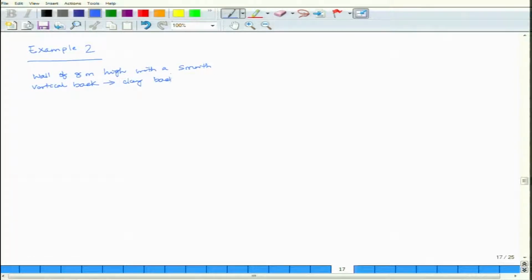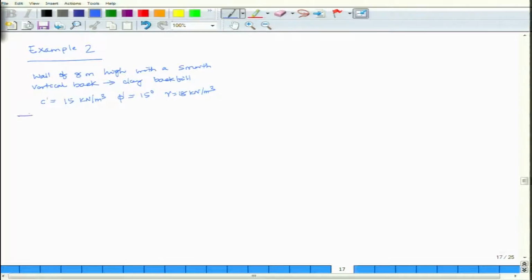The properties have been given: c prime is equal to 15 kilonewton per meter square, phi prime is equal to 15 degree, and gamma is equal to 18 kilonewton per meter cube. Calculate the total active thrust.